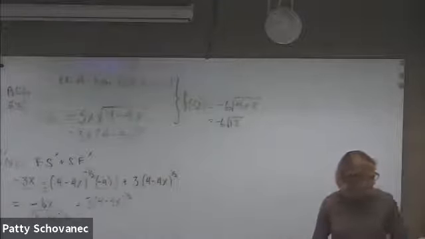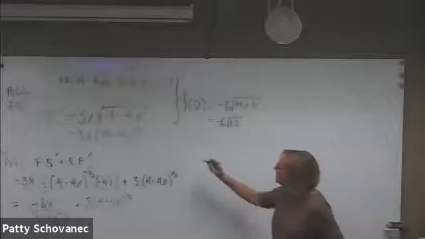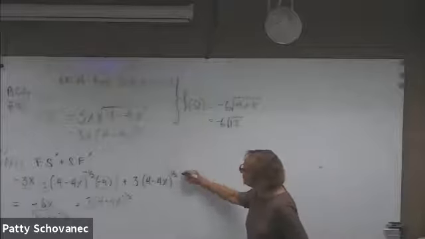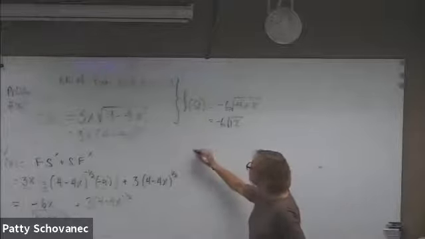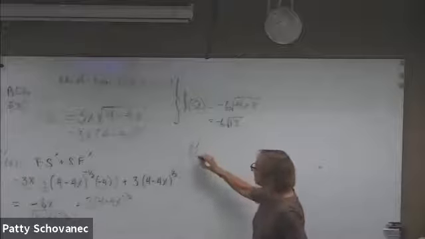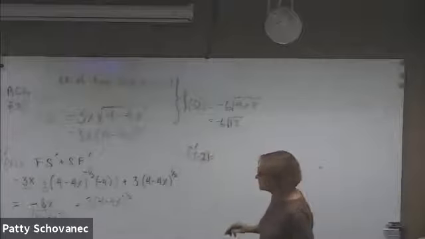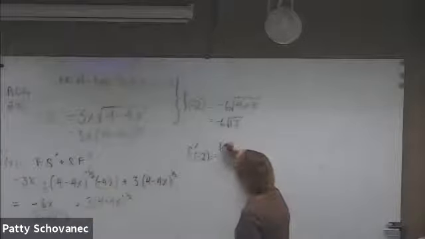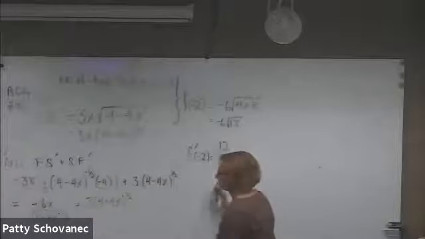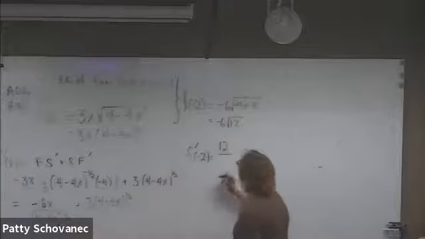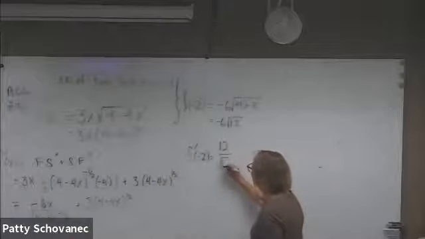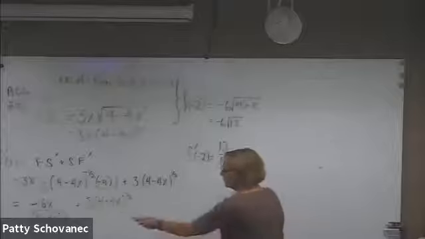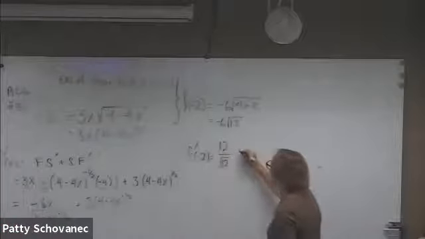Now let's see if we can evaluate that when x is -2. I'll put a -2 here, and that gives me a +12. Down here, I'm going to get the square root of 12. And then in here, I'll get the square root of 12.